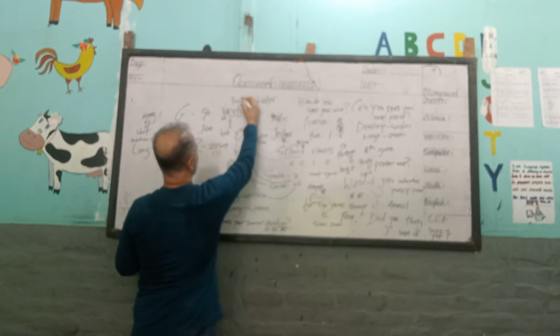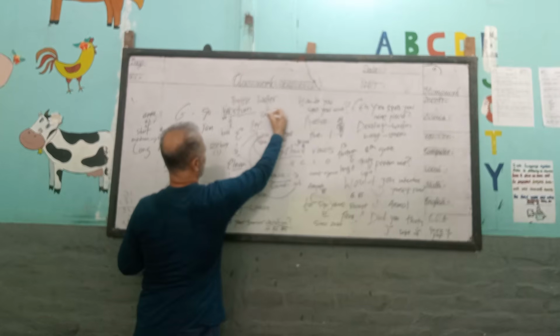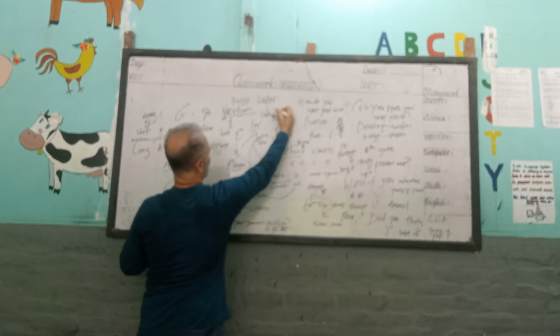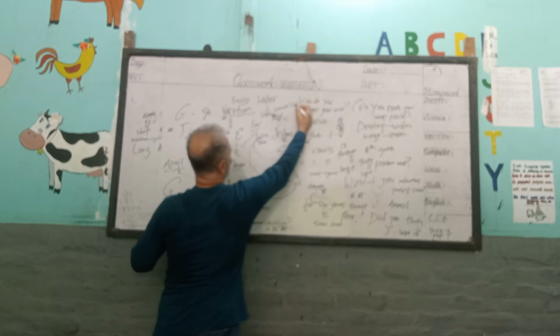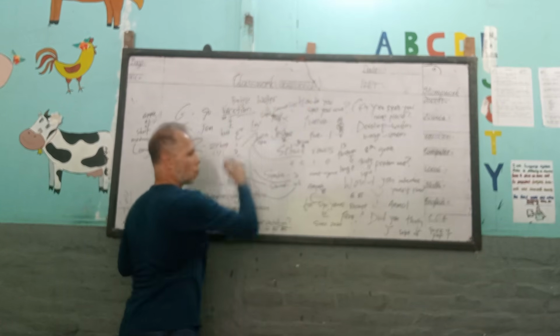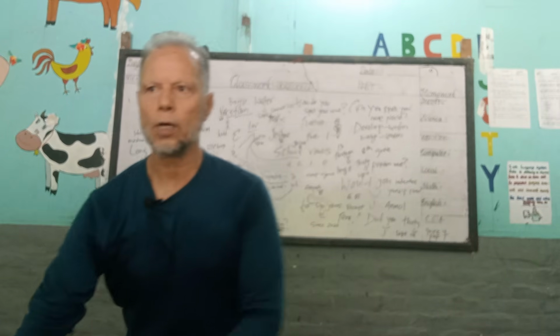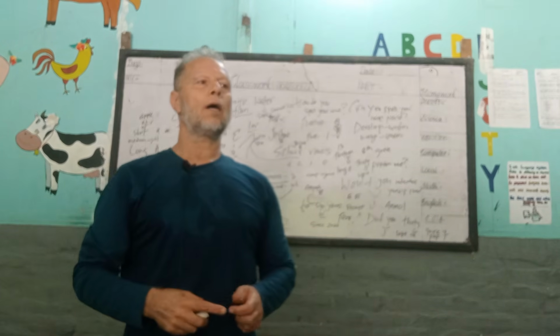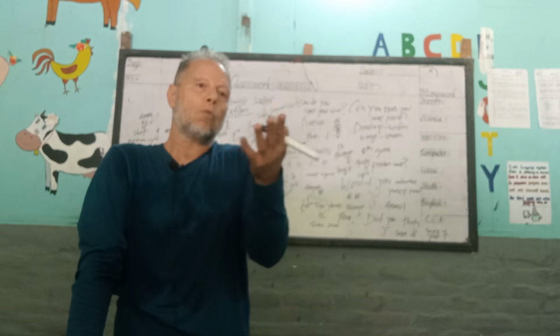Bottle. This is also soft D, but it sounds like R, water. This is a D, soft D. Bottle of water. We say bottle of water, right? But you don't have to say it that way.